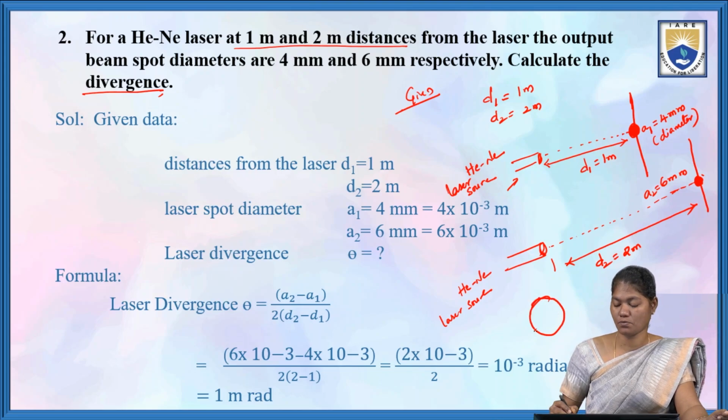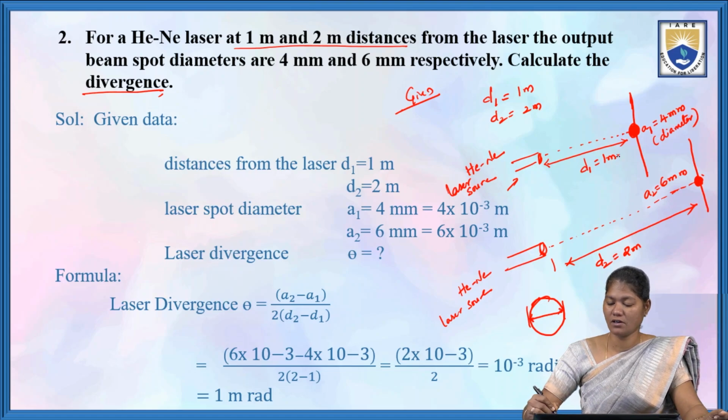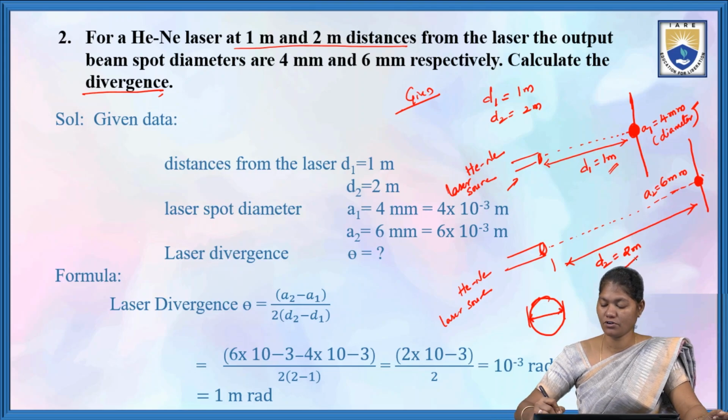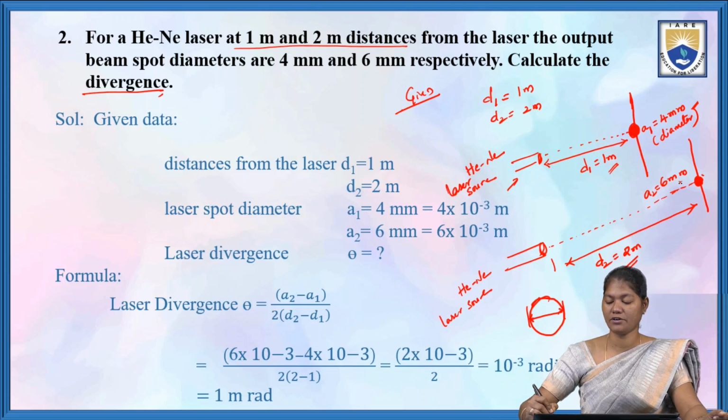Suppose this is the laser spot; we calculate the diameter from here to here. For 1 meter of distance, A1 is 4 millimeters. For 2 meters of distance, A2 is 6 millimeters.